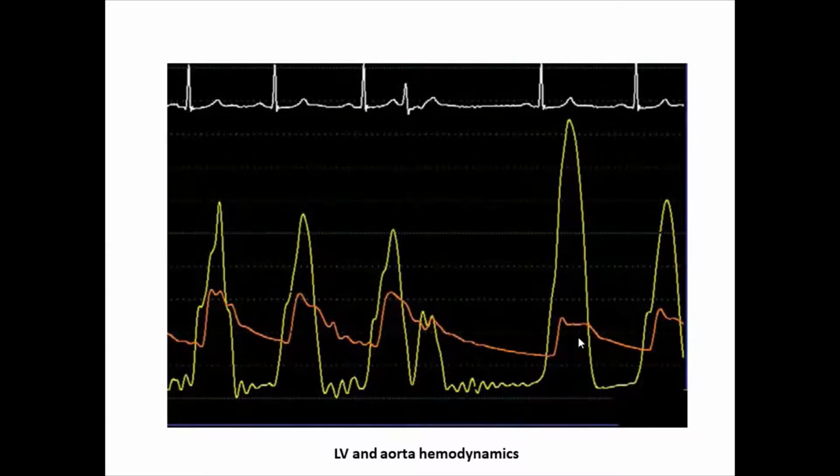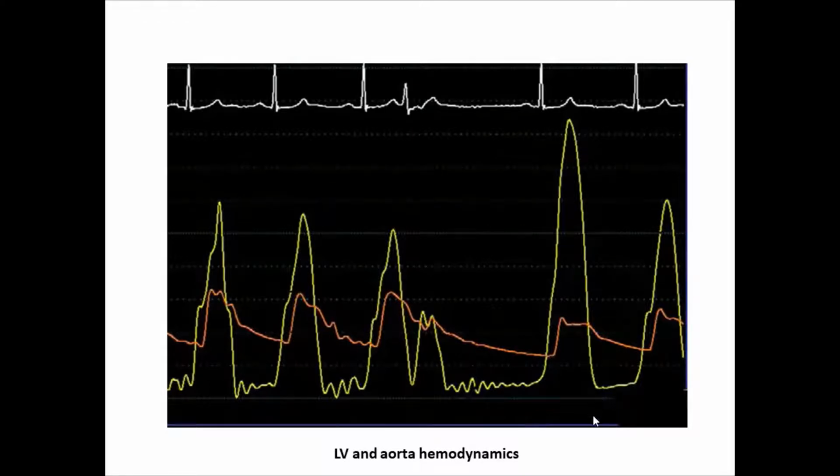What happened after the PVC? Describe what happened. After the PVC, there is increase in the gradient between the LV and the aorta because of increase in the LV systolic pressure and decrease in the aortic systolic pressure. Number one, post-PVC, there is increase in the systolic gradient. Good, excellent.